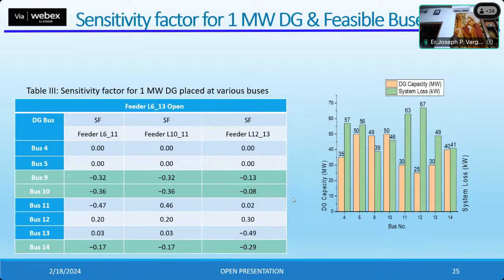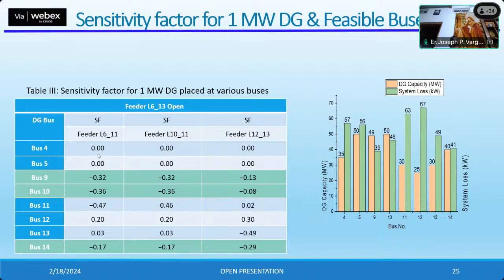That means when DG is penetrated at bus number 9, the flow of lines 6-11, 10-11, and 12-13 is reduced. But when we place it at bus number 4, 5, and 11, the flows in 10-11 and 12-13 are not reduced.